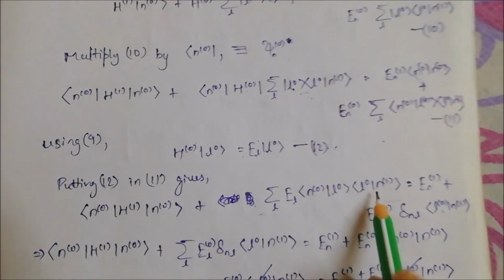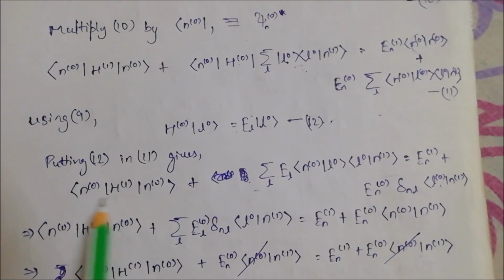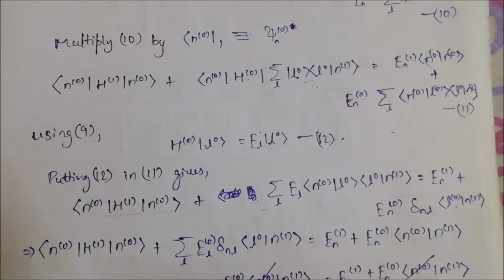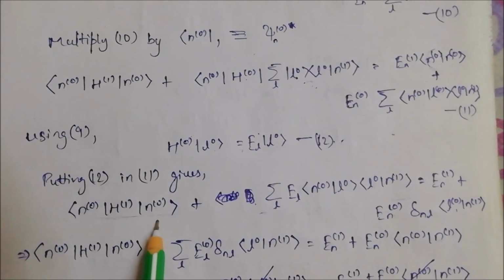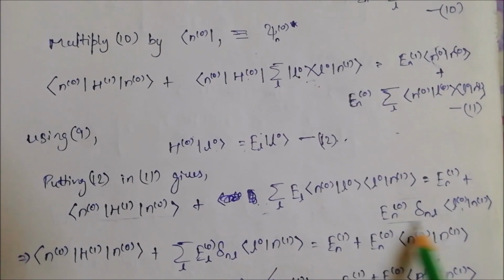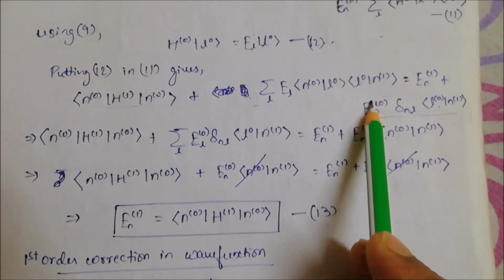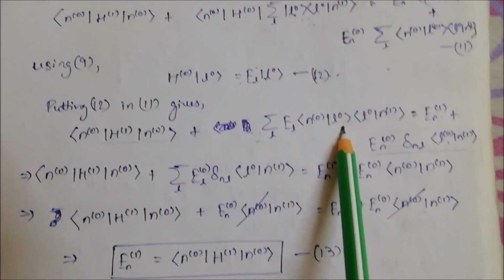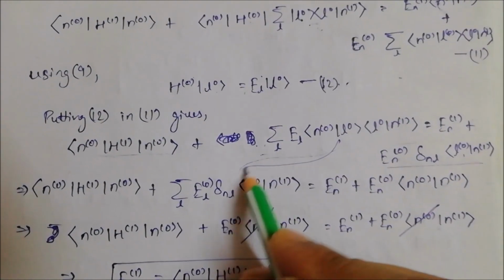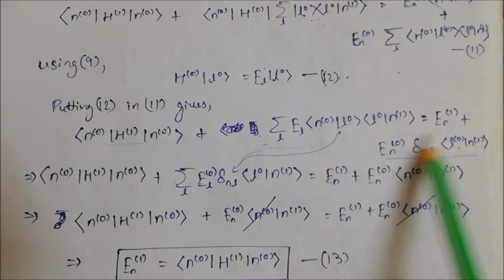So here we have the expectation value of the first order correction in the basis of the undisturbed Hamiltonian, plus this term, plus the first order energy correction, plus this energy term. Now if you compute this, n0 and l0 being orthonormal, they will turn out to be delta nl, and this expression turns out to be the same as this expression.